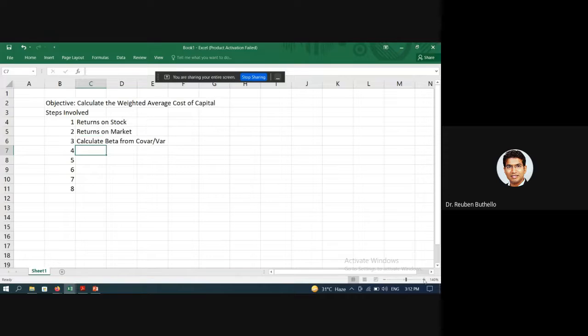Then we are going to use the CAPM model to calculate cost of equity, and then we are going to use the WACC model to calculate the weighted average cost of capital. So these are the steps we are going to follow.